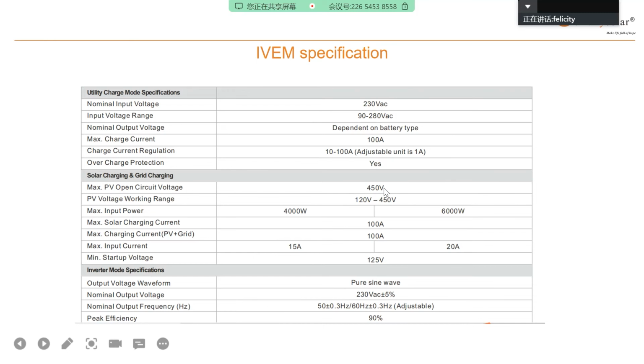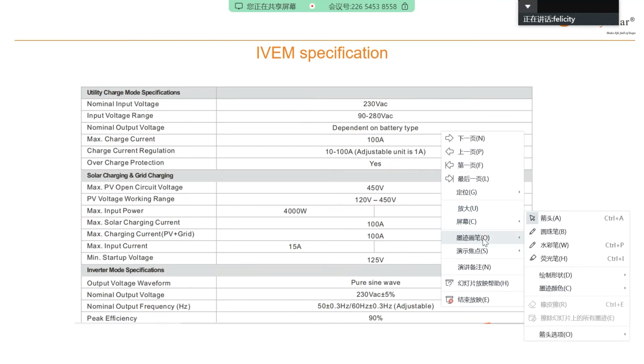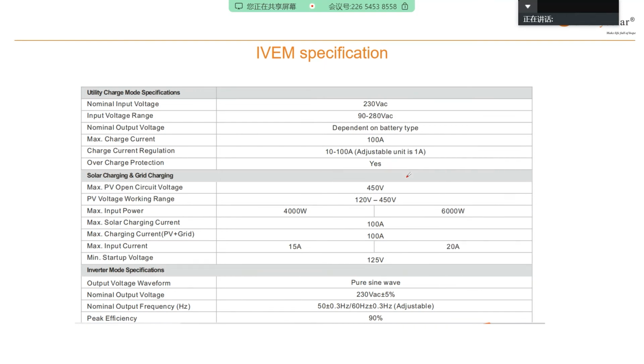IVCM, as you see, is 145. This one is 450. But currently we have already upgraded this model to 500 volts PV input.